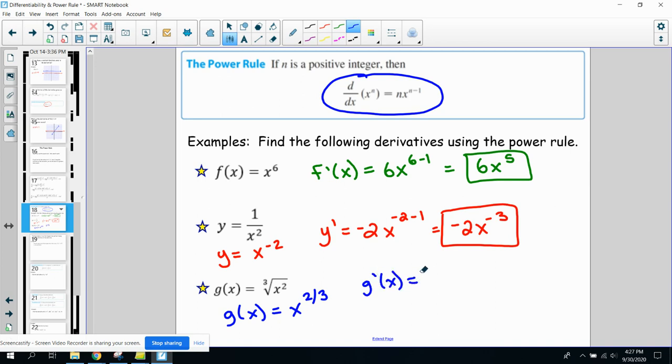So I'm going to take the exponent, which is 2/3, that goes in front, and then I have x to the 2/3 minus 1. But remember, 1 is really 3/3, just to make it a little bit easier. So we end up with a derivative, g prime of x is equal to 2/3 x to the negative 1/3.